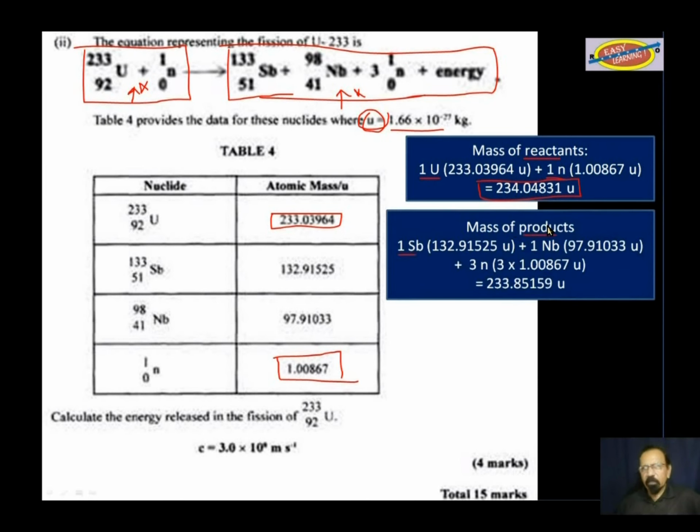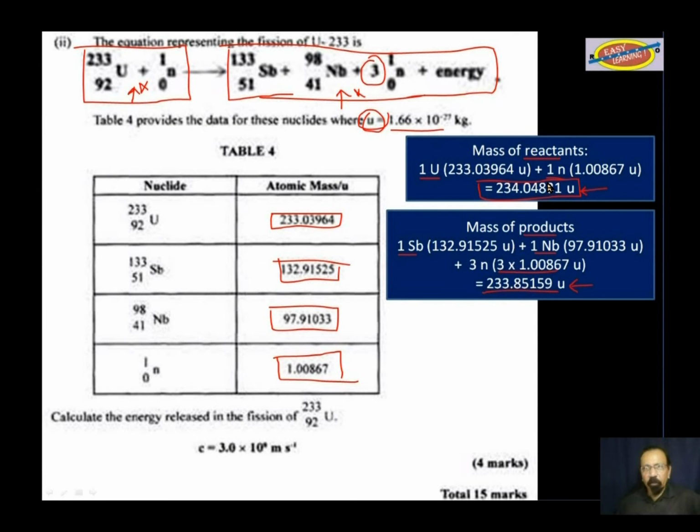We have one SB, which is that, which we will add to one NB, which is this, and then we also have three neutrons. We add all of these products on the right hand side and we get this. Notice that the mass of the product is slightly less than the mass of the reactants, as we expect.